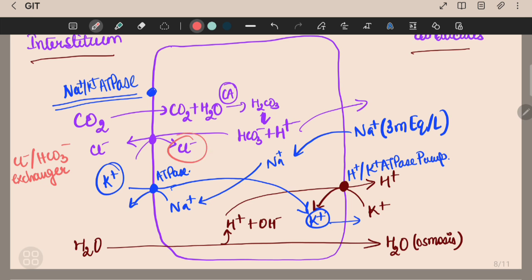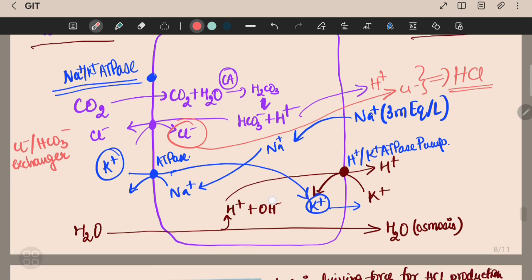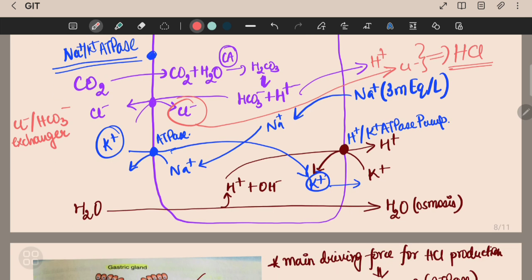This chloride will then move out into the lumen, and H plus was here, chloride was here, so this will form HCl. Also remember, some amount of chloride is directly moving through chloride channels, because of the gradient difference.